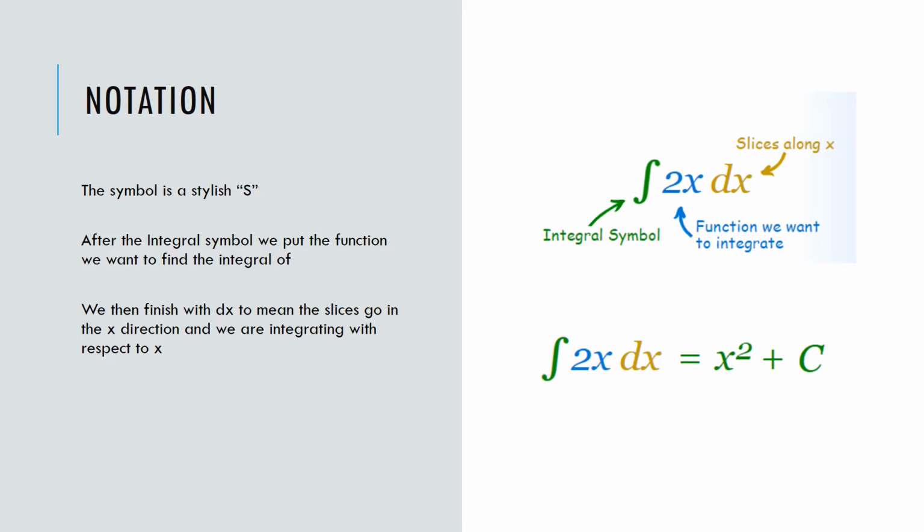And then after that, we finish it with a dx, which basically is saying that we're going to integrate with respect to x. So you can see at the bottom there, I've got my integral symbol, followed by the function that I want to integrate, 2x, followed by dx, and I'm saying that that's equal to x squared plus c.